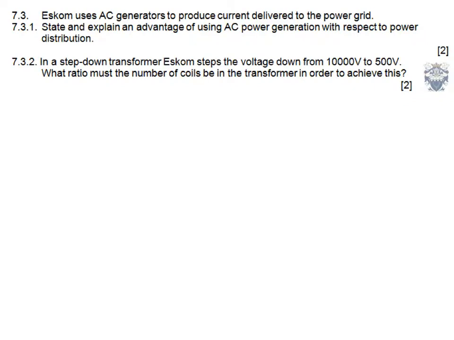ESCOM uses AC generators to produce electric current delivered to the power grid. What is the advantage of using AC power generation with respect to power distribution? You need AC for transformers to work, because AC gives you a changing magnetic flux. And then what is the advantage of that?